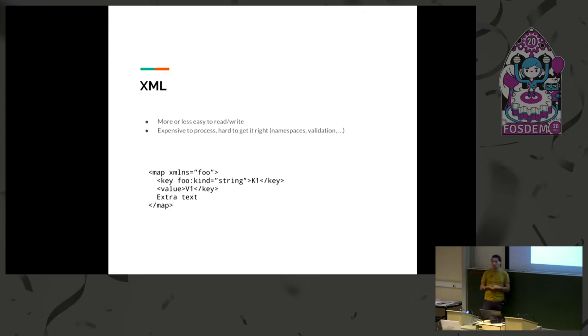It's a complex format, and writing an XML parser is a big job, and it's very hard to get it right. Not only to write the parser, but then to write something that uses a parser because of the format complexity, such as the namespace feature.